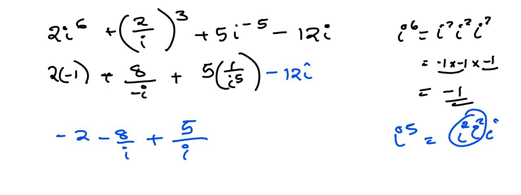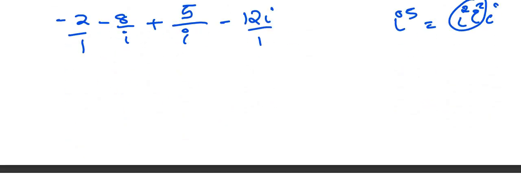So I have an i there, minus 2i over 1. Again, we do the same thing. It's like 1 times i times i times 1. The common denominator is i squared.